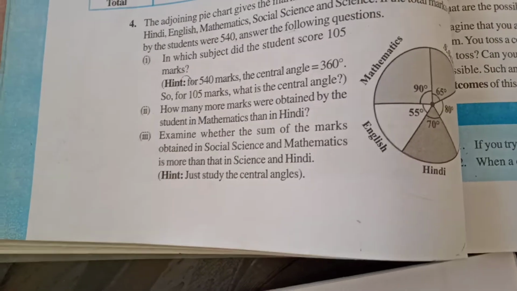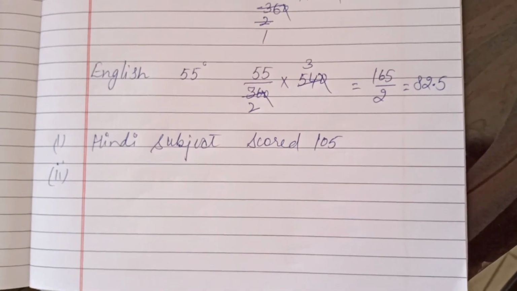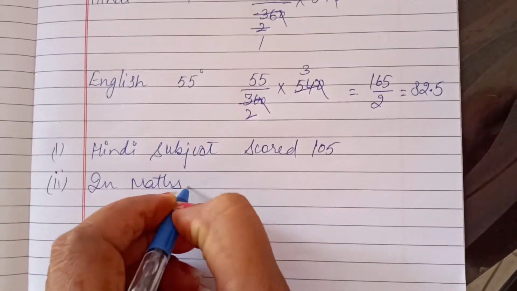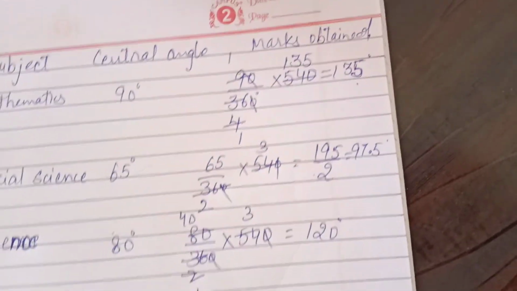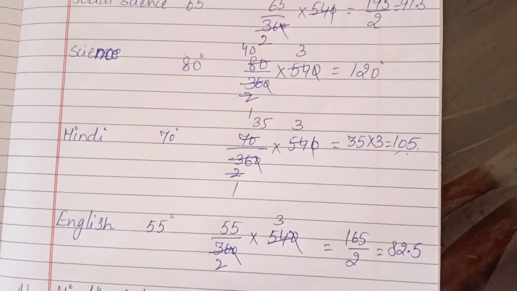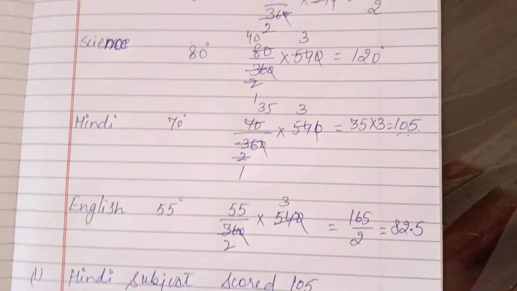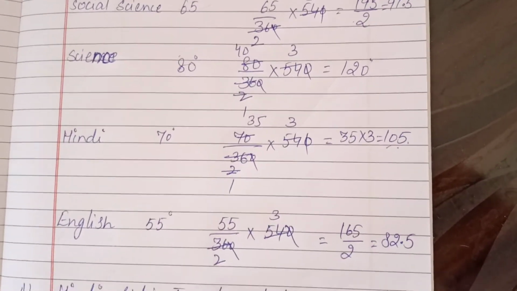In the second part, how many more marks were obtained by the student in mathematics than Hindi? In maths the student scored 135, in Hindi the student scored 105.